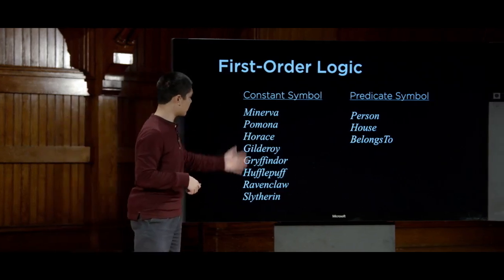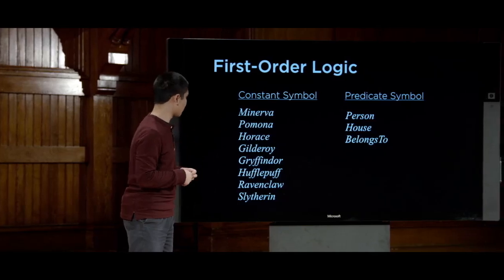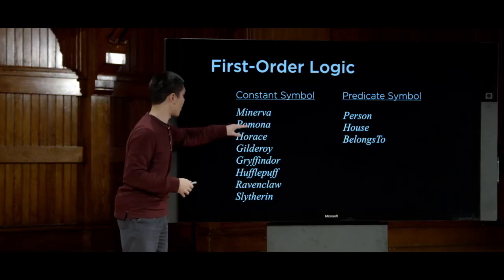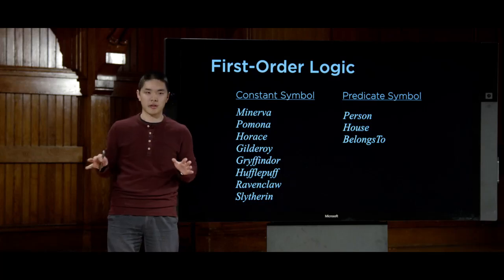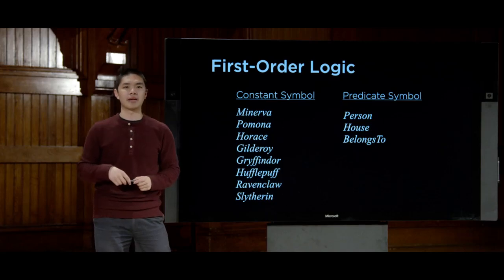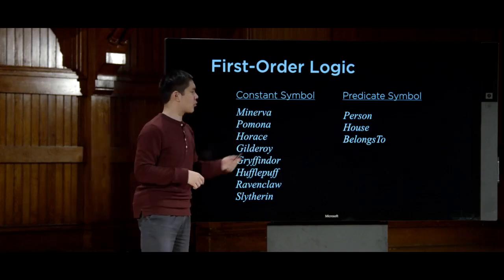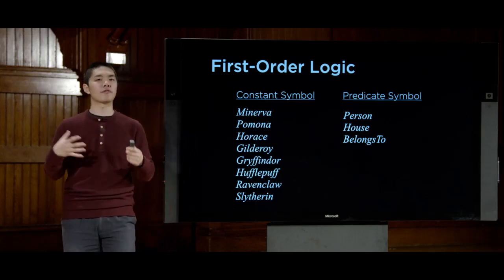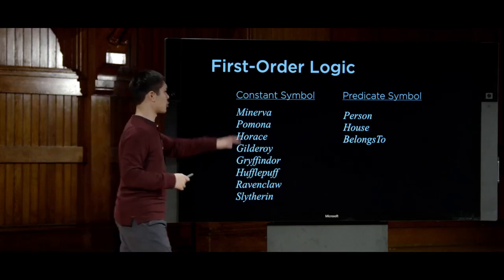But for now, in this same problem, our constant symbols might be objects, things like people or houses. So Minerva, Pomona, Horace, Gilderoy, those are all constant symbols, as are my 4 houses, Gryffindor, Hufflepuff, Ravenclaw, and Slytherin. Predicates, meanwhile, are going to be properties that might hold true or false of these individual constants.